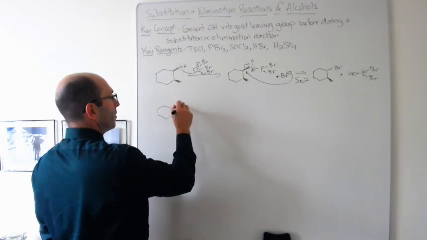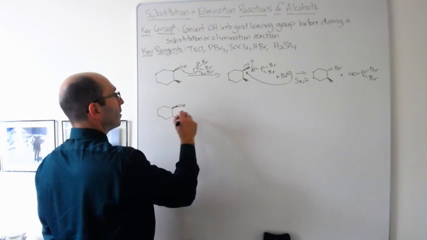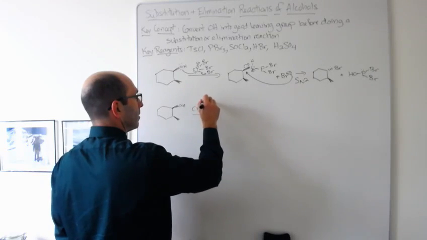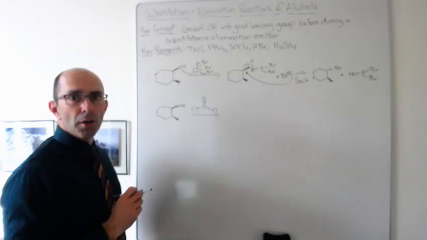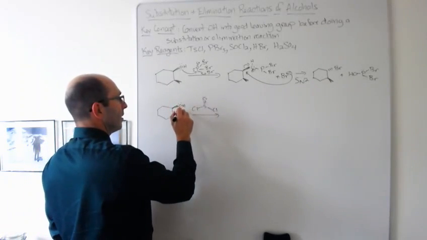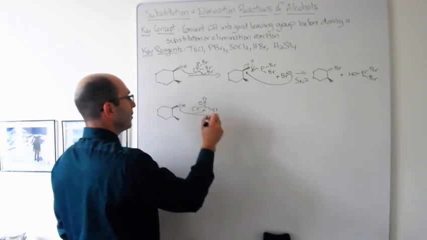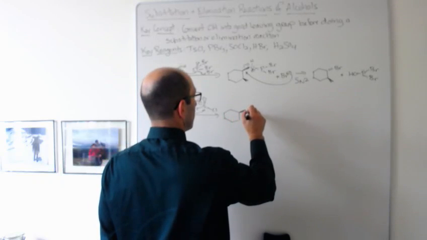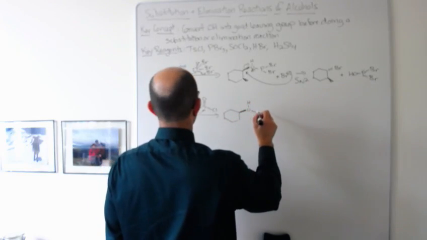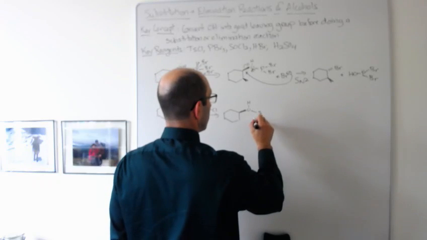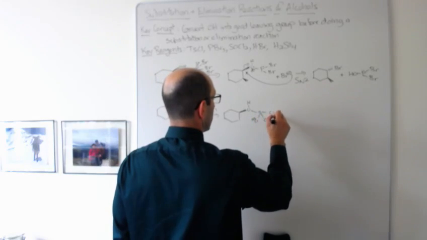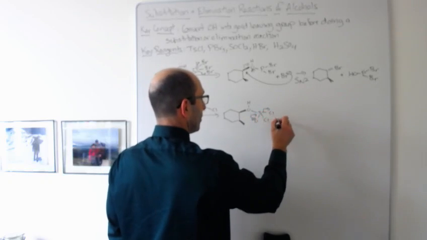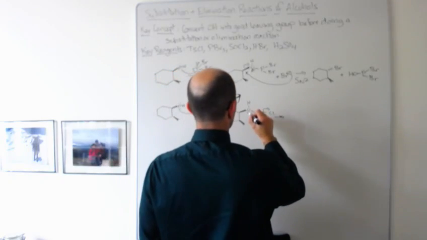The thionyl chloride mechanism is similar. Sulfur is going to be a great electrophile. The alcohol oxygen is going to be the nucleophile. And this reaction also should remind us of a reaction of an acid chloride. Reform the pi bond. Chloride can leave.